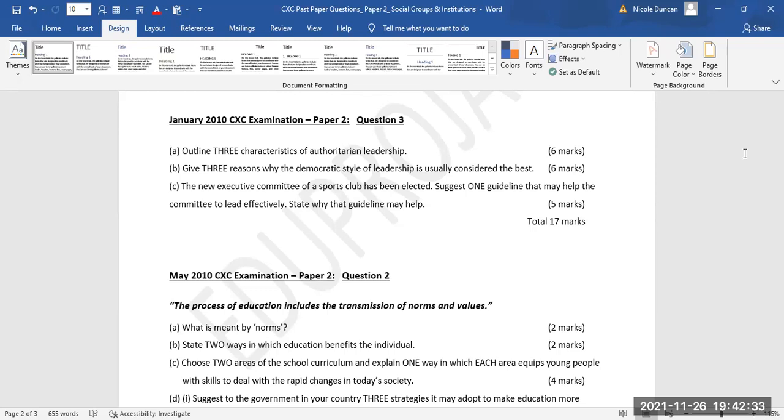Could you tell them what style of leadership to use? Could that be one of them? Yes, miss. What style of leadership would you suggest? Democratic style. Good, so that is a startup. The participative, you could suggest that they use the participative or democratic style of leadership.